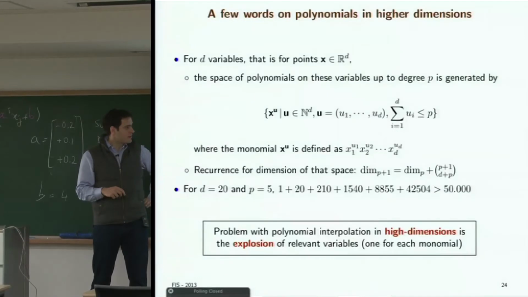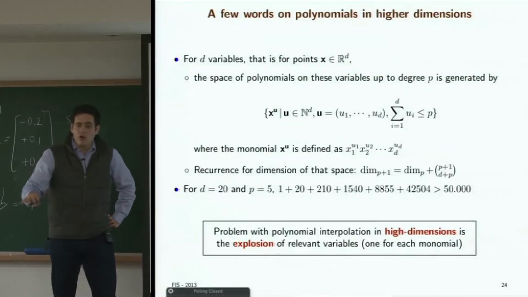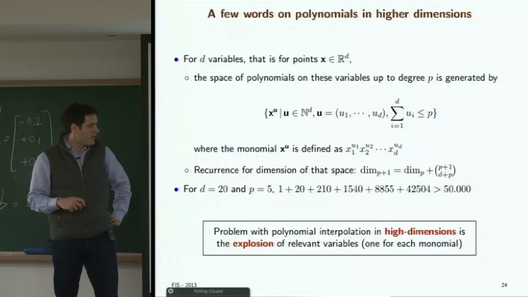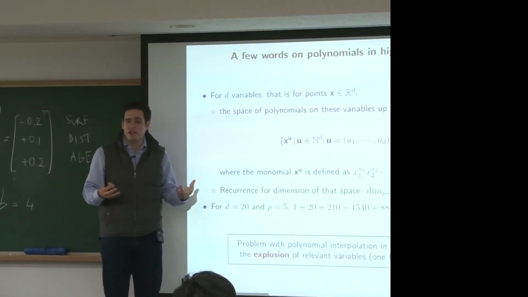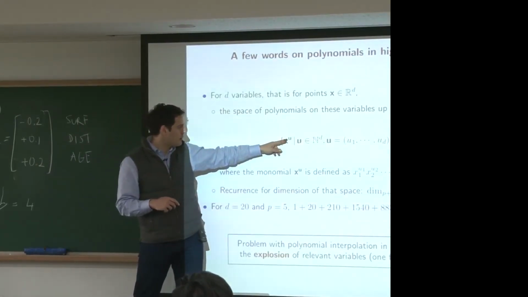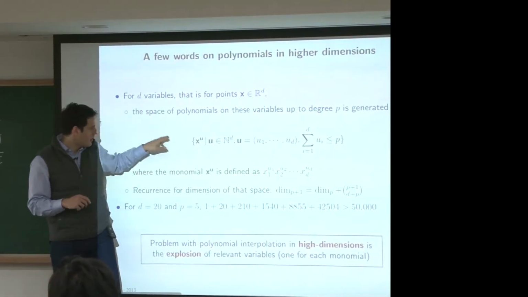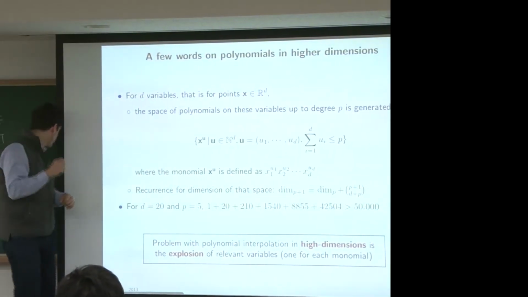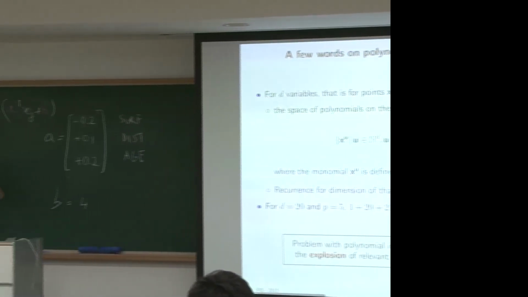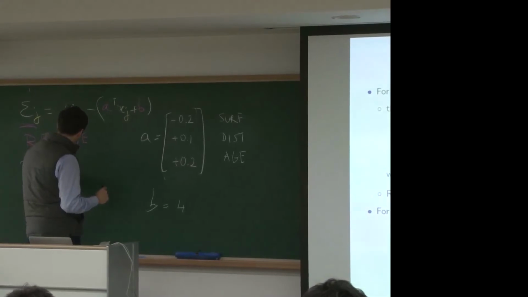So if you consider polynomials up to degree p, which cover all those variables, then you have to consider the space of monomials x to the power u, where this is a generalized notation, whereby x to the power u, when u is just a vector of integers, I mean the product of x_i to the u_i, for i equals 1 to d.